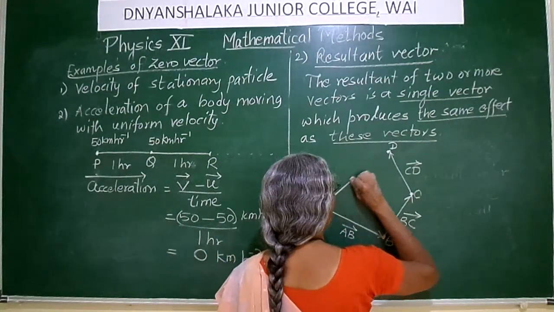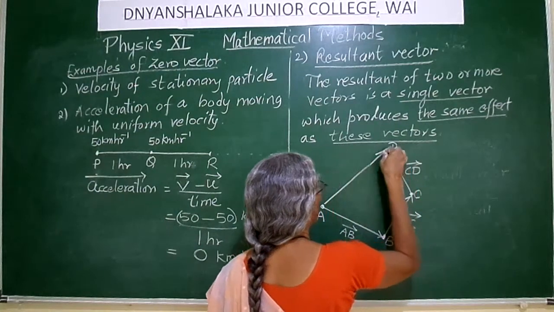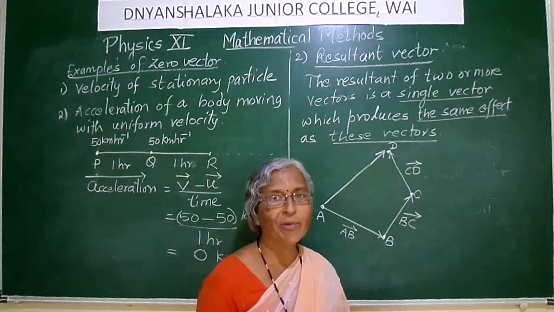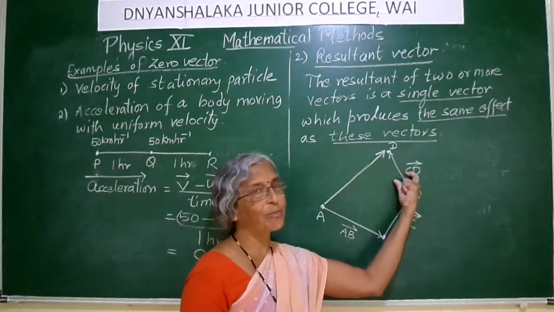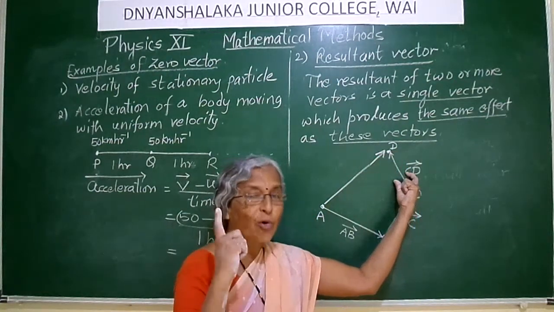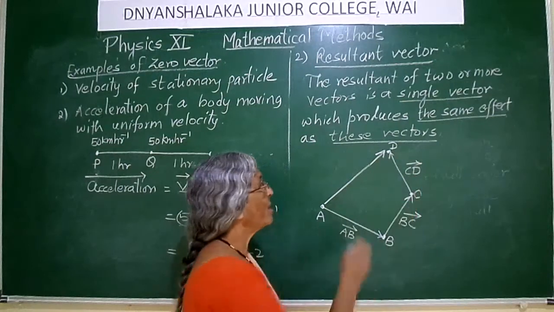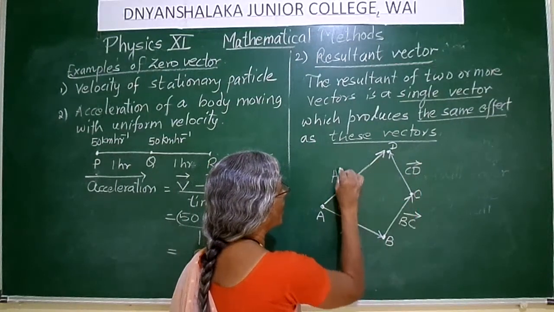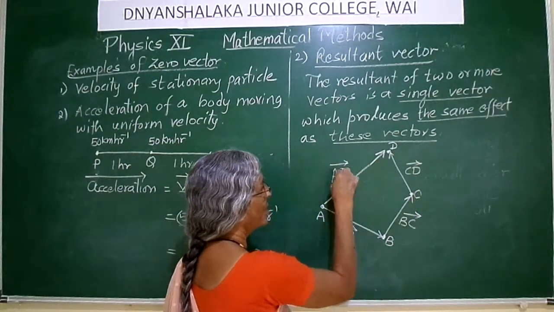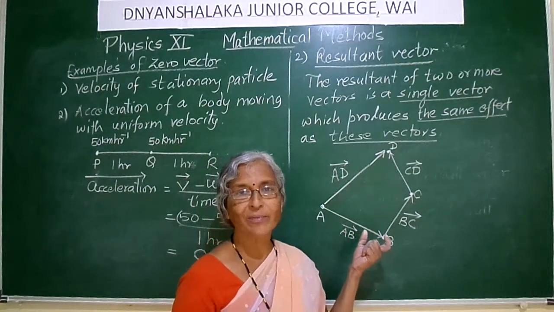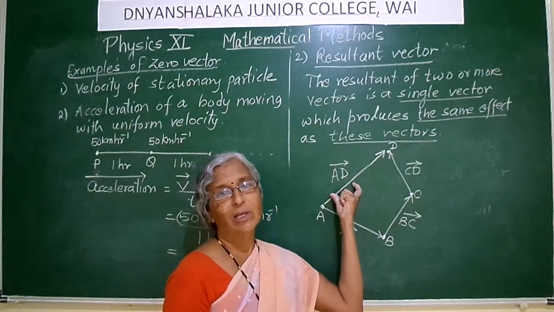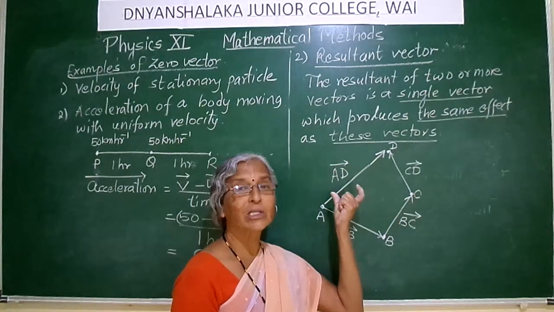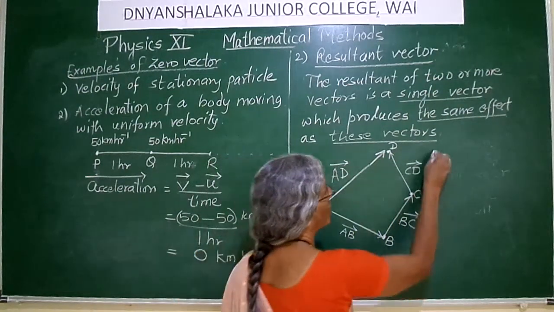अब ये एलिमिनेट कर लेंगे और यदि ये पार्टिकल डायरेक्टली A से D को डिस्प्लेस हो रहा है ऐसे ये डायरेक्शन में, तो इट इज गोइंग टू प्रोड्यूस द सेम इफेक्ट ना. तो ये 3 वेक्टर्स जो इफेक्ट प्रोड्यूस कर रहे हैं वो सेम इफेक्ट ये वेक्टर AD प्रोड्यूस कर रहा है या नहीं? ऑब्वियसली इट इज प्रोड्यूसिंग द सेम इफेक्ट. So this single vector becomes the resultant vector. What does it become? The resultant vector.